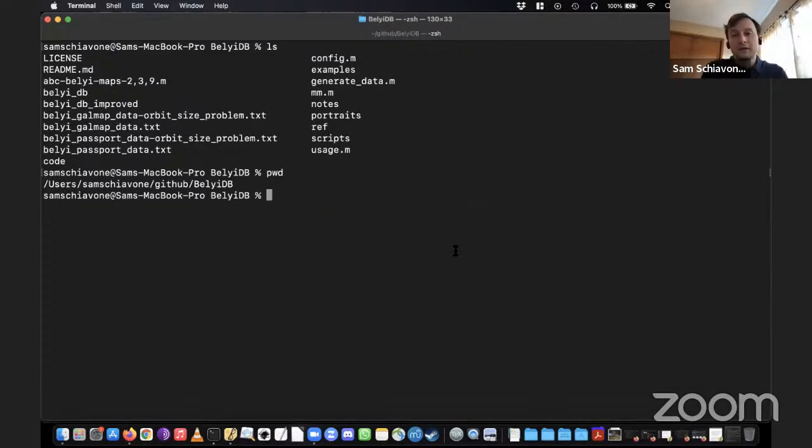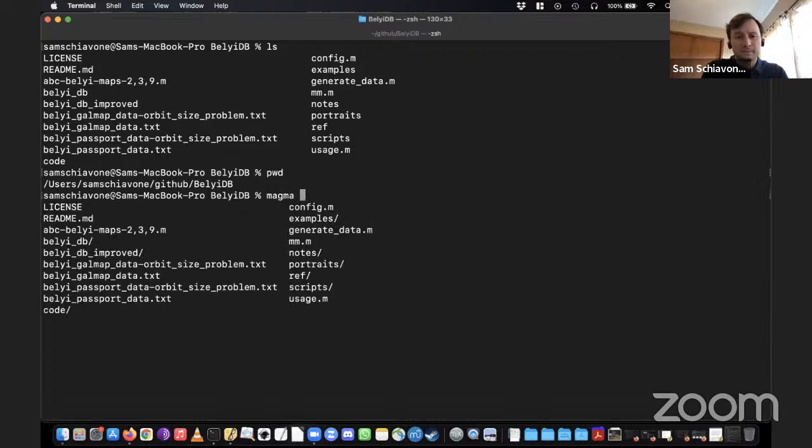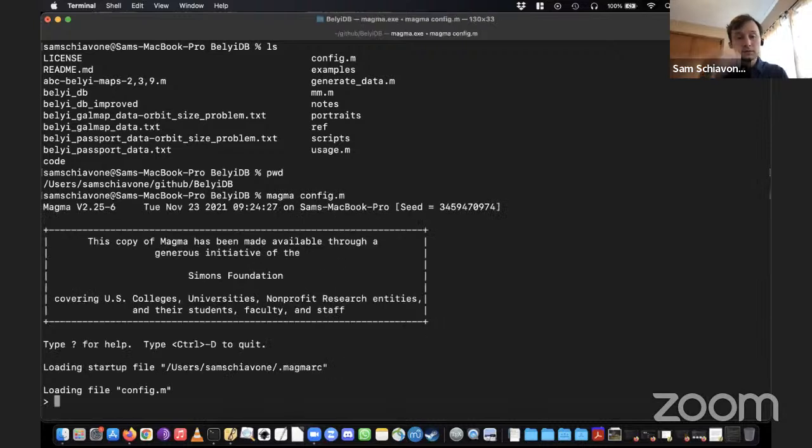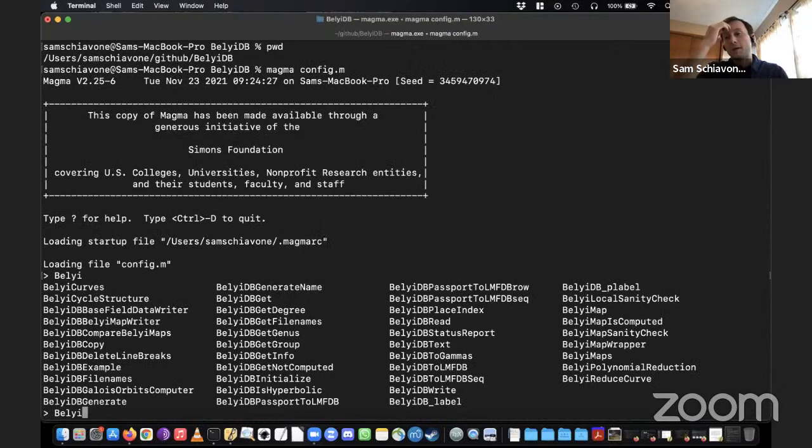So here's BelyiDB. I'm in my GitHub directory, and we have a config file. Once I've loaded the config file, I have all the Belyi functions that we defined. So we have BelyiDBFilenames, which will give you all the names for each degree.